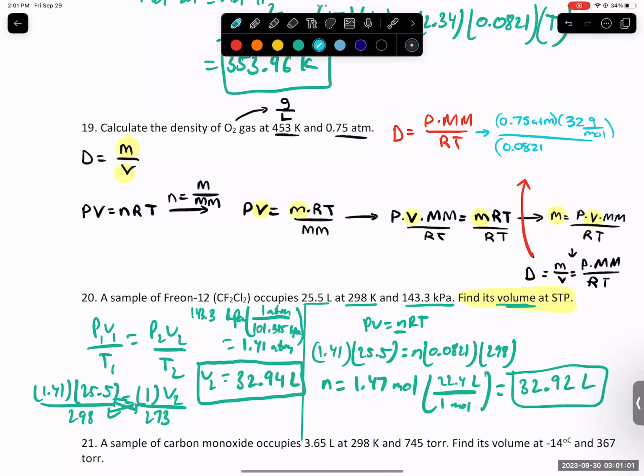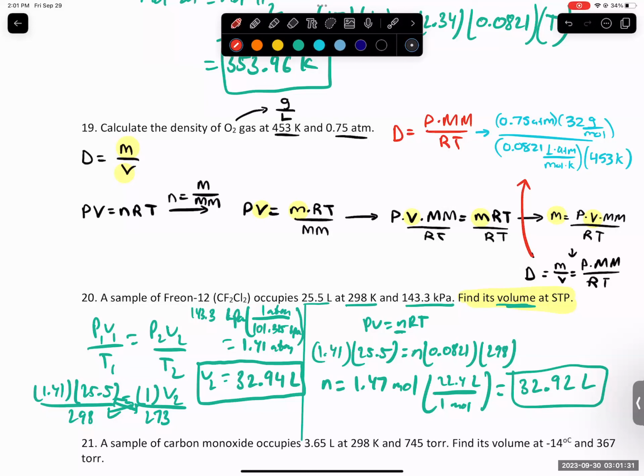What are the units? That's a good question. Everyone always knows the number. Liters. Everyone always forgets the units. Liters atm over moles times Kelvin. And then the temperature was 450 Kelvin.